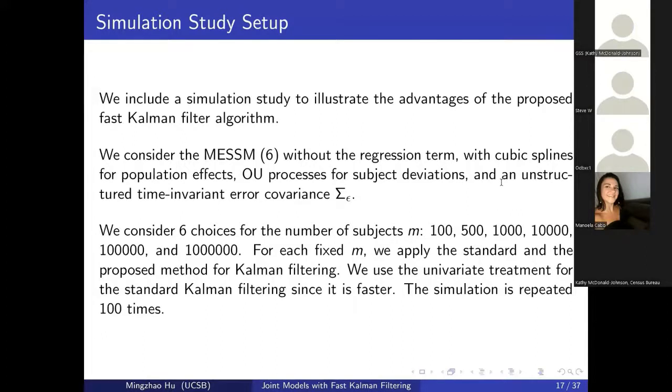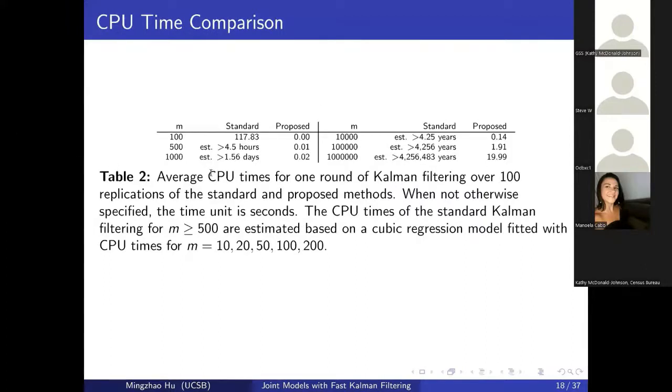We will further consider 6 choices for the number of subjects M, and this ranges from 100 to 1 million. And based on 100 simulation runs, we report in table 2 that our proposed Kalman filtering algorithm is significantly faster than the standard procedure. For example, if we consider 1 million patients in the medical dataset, the standard Kalman filtering will take a ridiculously long time, whereas our proposed procedure only takes less than 20 seconds.